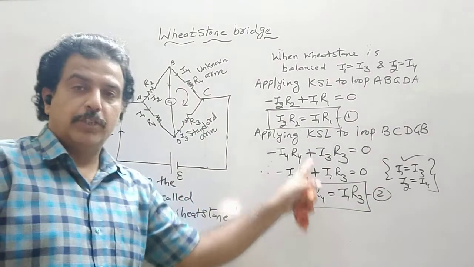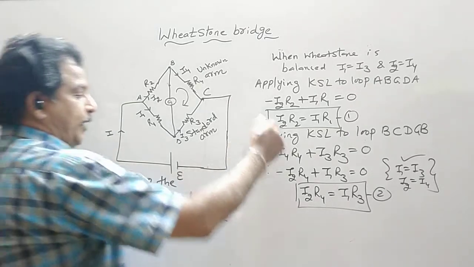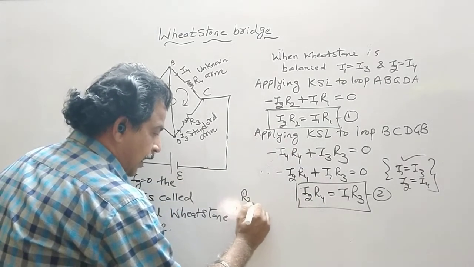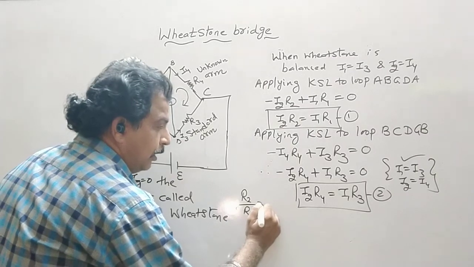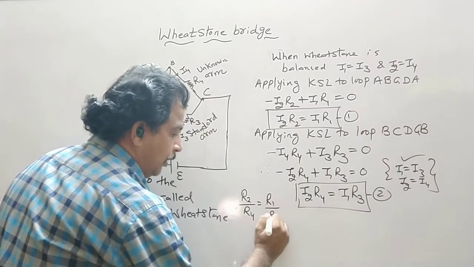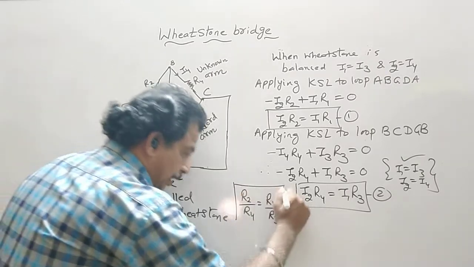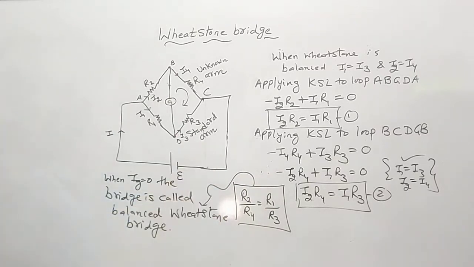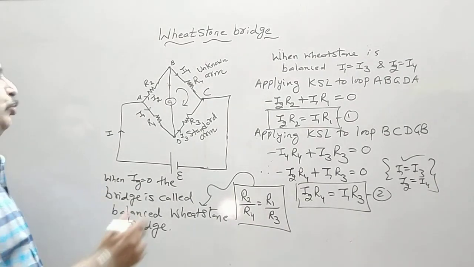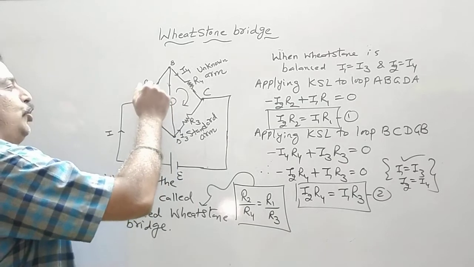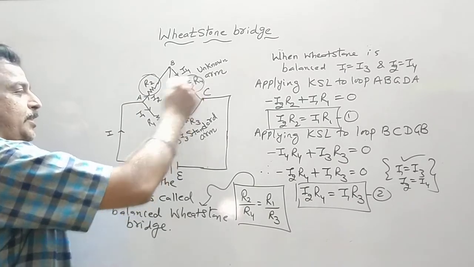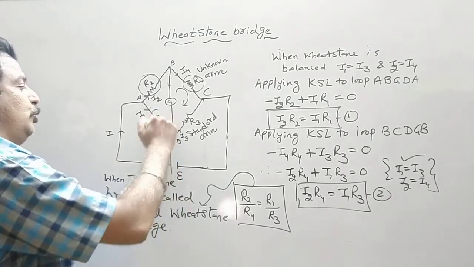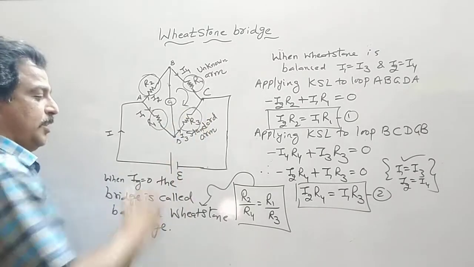We take the ratio of equation 1 and 2. If I take the ratio, it becomes R2 upon R4 is equal to R1 upon R3. This is the condition for the balanced Wheatstone bridge. So if the Wheatstone bridge is balanced, you have to remember the ratio of this resistance to this resistance is equal to the ratio of this resistance to this resistance.